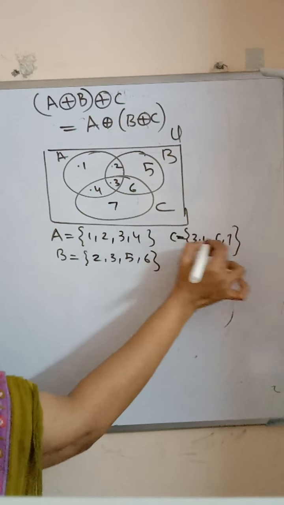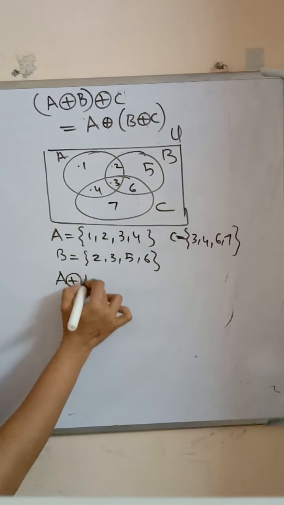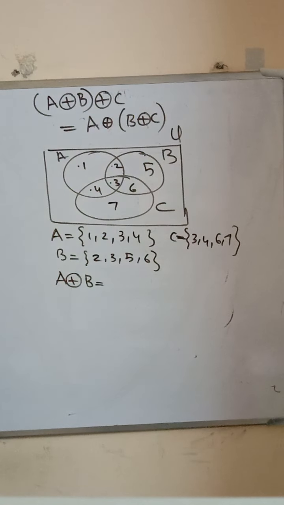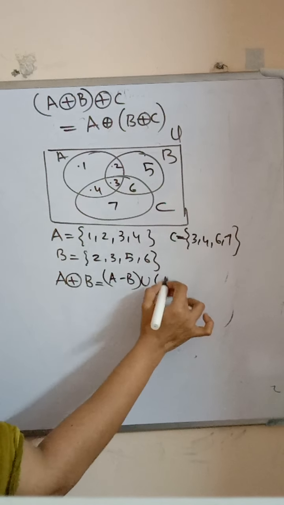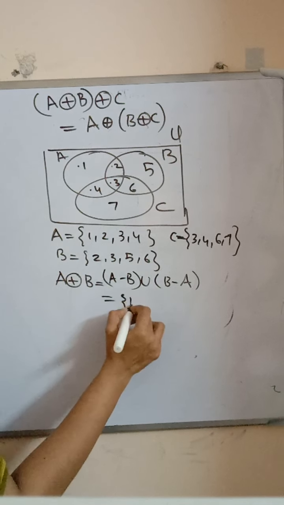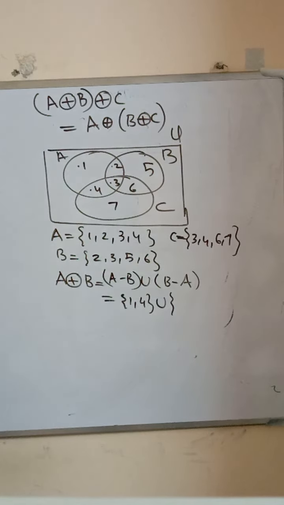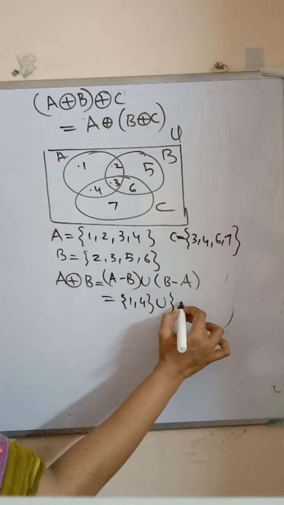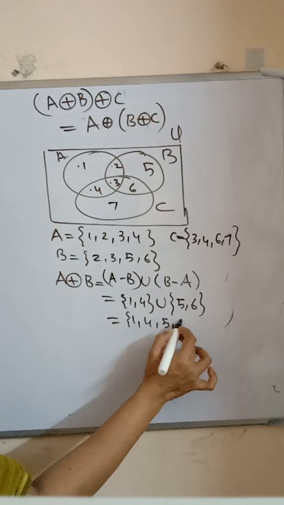Now A Δ B equals (A difference B) union (B difference A). Here A difference B is set {1, 4} union B difference A, which is {5, 6}. Its union is {1, 4, 5, 6}.